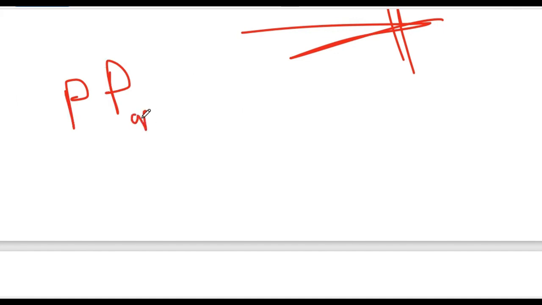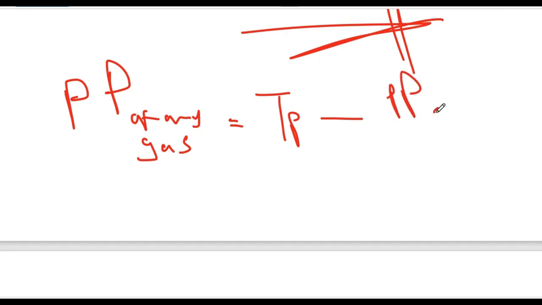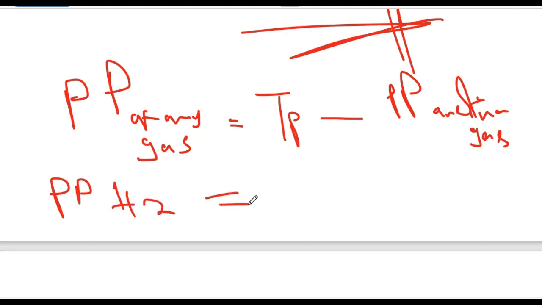The partial pressure of any gas is equal to the total pressure, also known as the barometric pressure, minus the partial pressure of another gas. In these terms, we're finding the partial pressure of hydrogen, meaning we're going to subtract from the total pressure the partial pressure of water vapor.